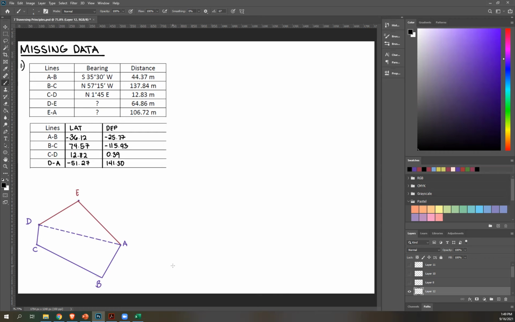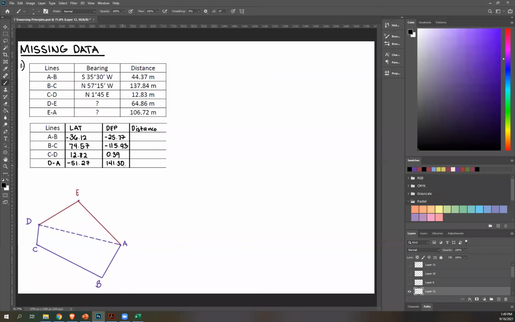Right, next. So what will I do with this information? Upon getting your latitude and departure, you can actually get the bearing as well as the length of line DA. So let's try getting that. Distance is given as 44.